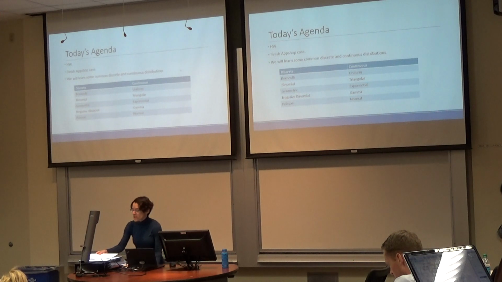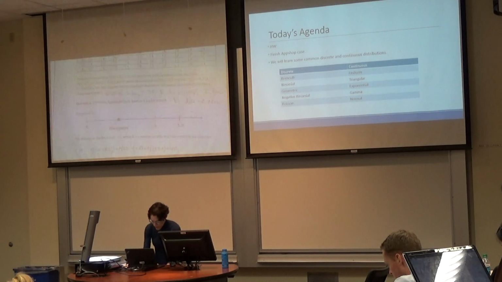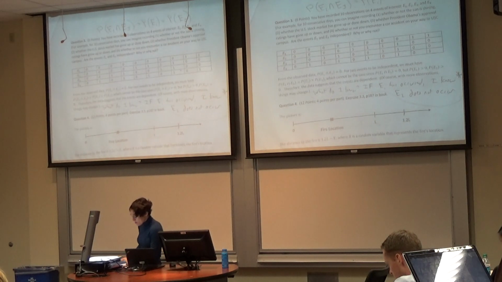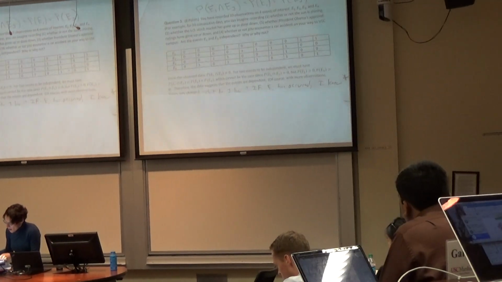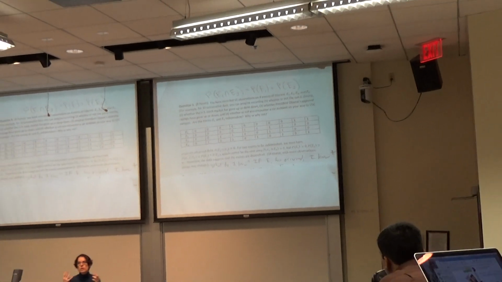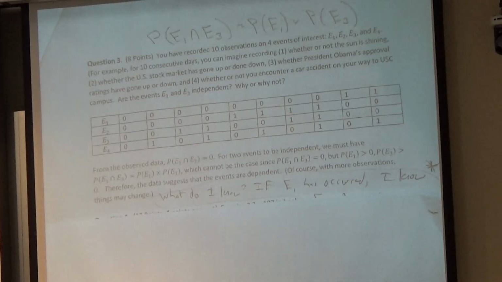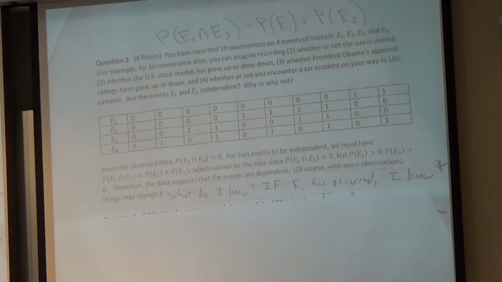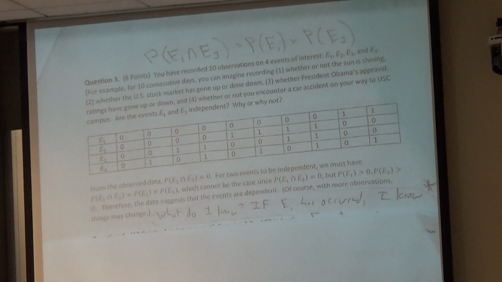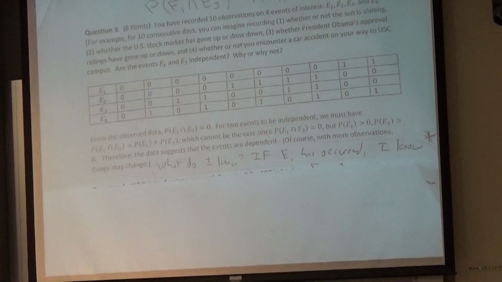Question 3 I did want to talk about. In some ways, I felt like question 3 was the most thought-provoking. The purpose of question 3 was to relate this abstract definition of independence that we got to what it means when you look at a data set and try to decide whether or not 2 events are independent.